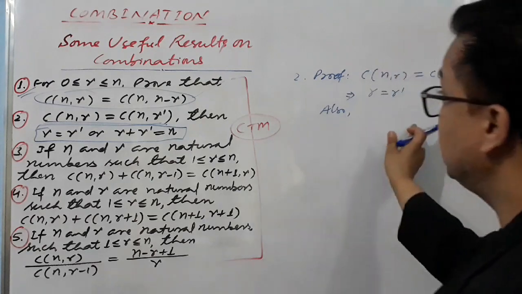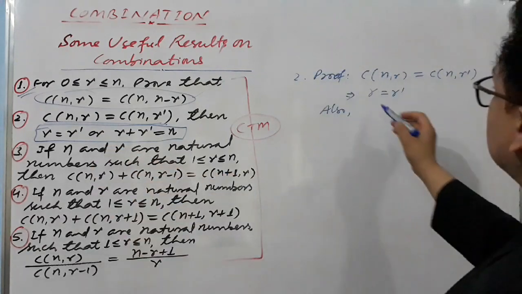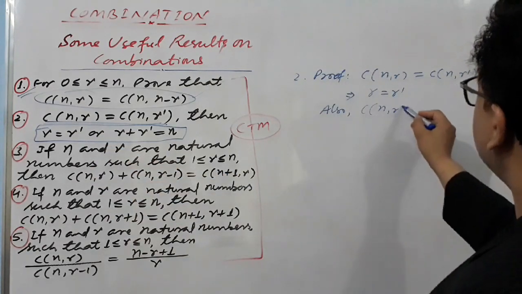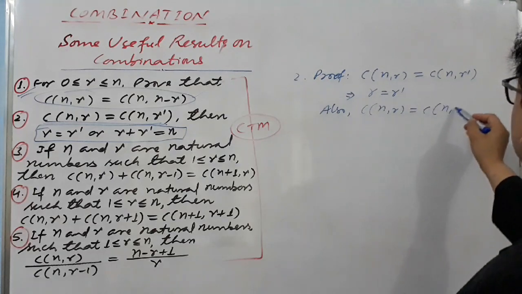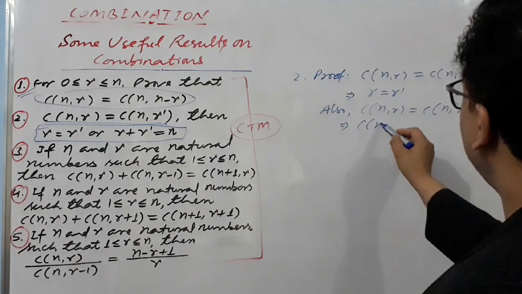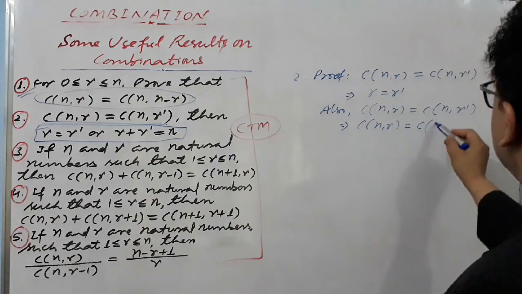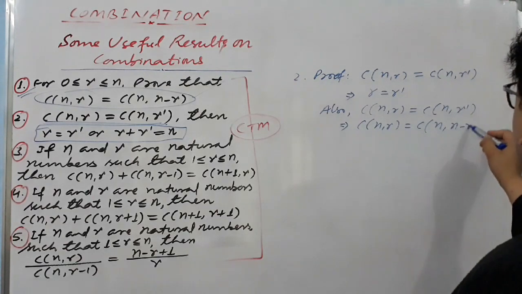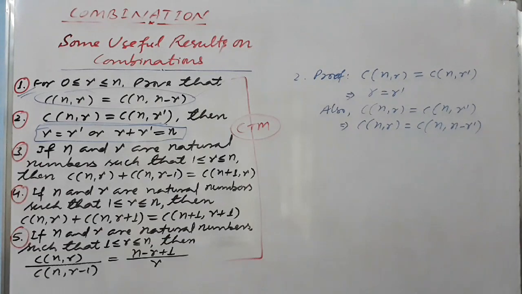Also one result can be proved: C of n comma r equal to C of n comma r prime implies C of n comma r equal to C of n comma n minus r prime. How can we write this? Using the first result.